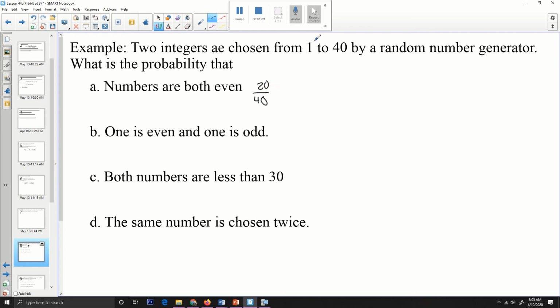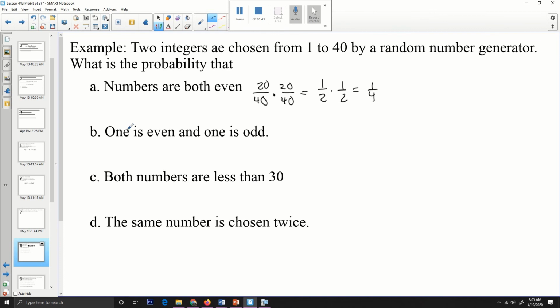Now, they're regenerating this number each time, so they're not saying that once I've picked a number, that number is gone. So there are, again, 20 out of 40 different possibilities for the second value. Now, when I multiply these two things together, I could go 20 times 20 is 400, but I could also reduce both of these fractions first and say that this is a half times a half, and that'll give me 1/4.